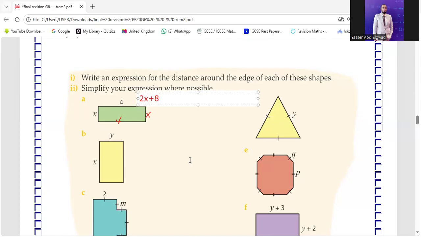The next one, here is y. All of them are y because this sign means equal. And here is y, y, y, y, and you have to add them. If you add them, we get the final answer, 3y.